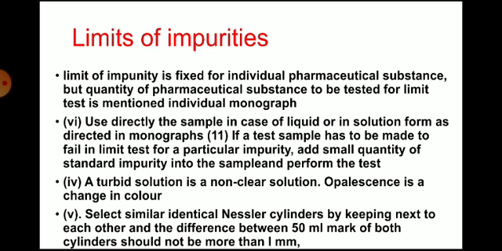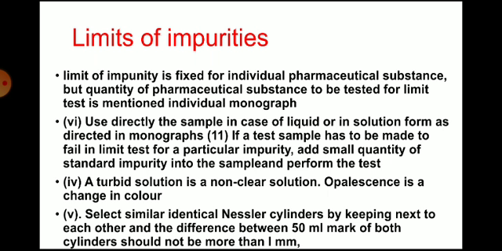The limits for impurity are specified in the monograph of the pharmacopoeia, fixed for each individual pharmaceutical substance. The quantity to be tested in the limit test uses the sample directly, either a liquid or a solution as directed in the monograph.